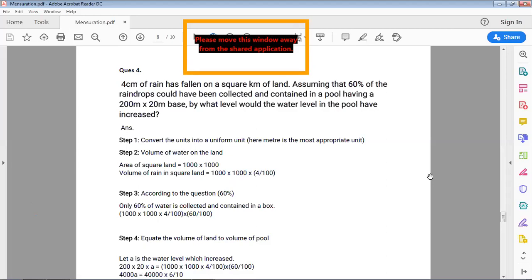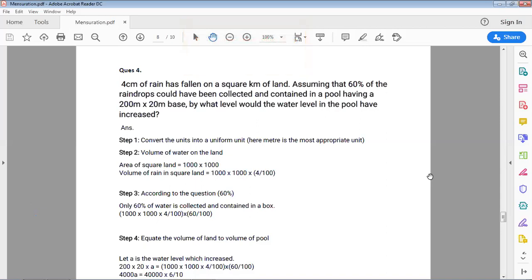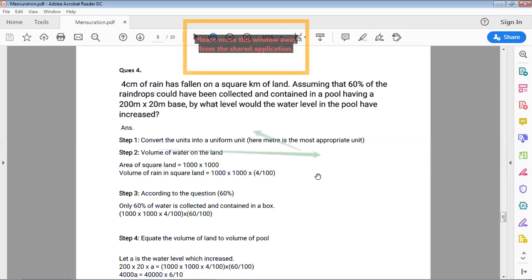Now, the second step is to calculate the volume of the water which had fallen on the land. We have the height, that is 4 centimeter, and we have the base, that is a square kilometer of land.